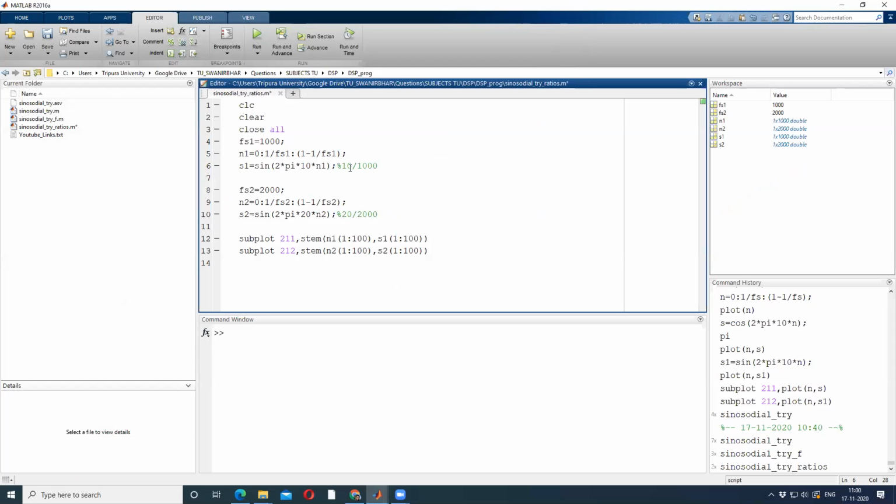The ratio between 10 Hertz and 1000 as sampling frequency is same as 20 Hertz with respect to 2 kilohertz. So here it is 1 kilohertz, and here it is 2 kilohertz. Here it is 10 Hertz, and here it is 20 Hertz. But the waveforms look same.